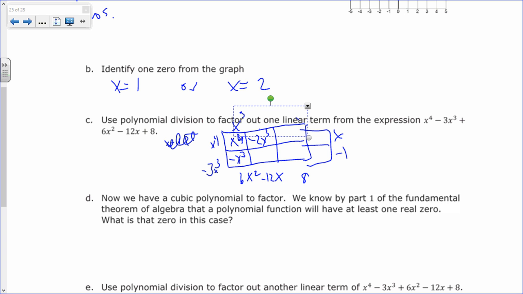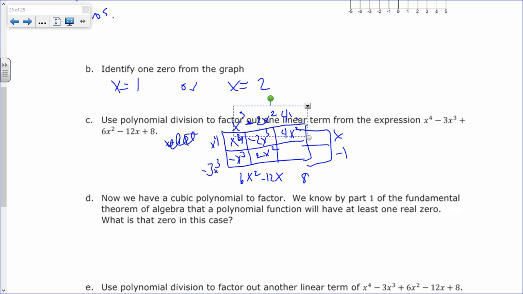So that means I'd have to have a negative 2x squared, and then that would make this a positive 2x squared. I need that to add up to 6x squared, so that makes this 4x squared. And x times what gives me 4x squared?